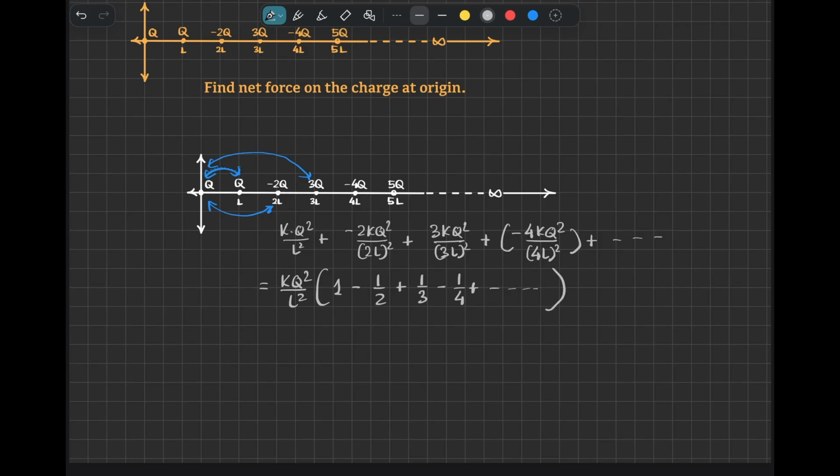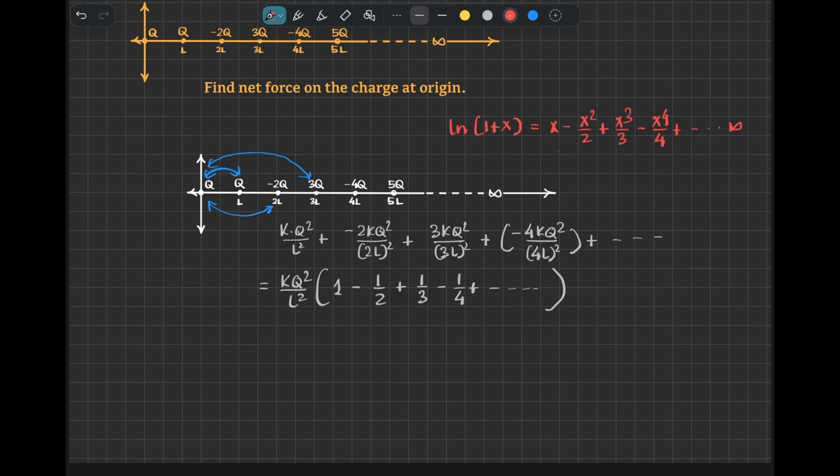Now, for an infinite series like this, let's check one mathematical expression. What is the series expansion of ln 1 plus x? The answer is x minus x square by 2 plus x cube by 3 minus x to the power 4 by 4, and so on till infinity.